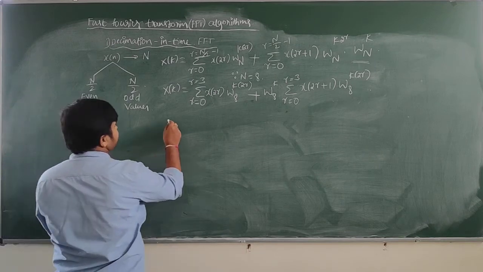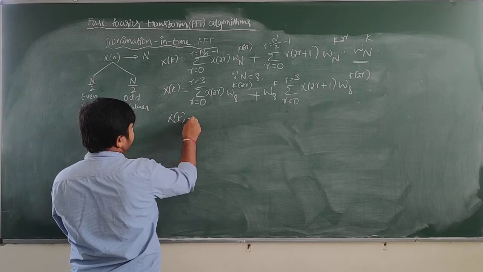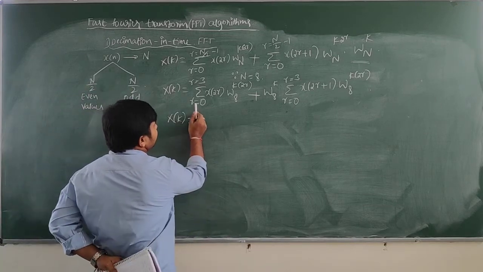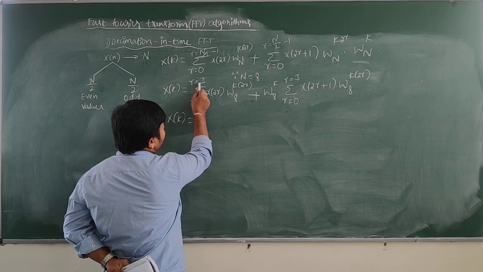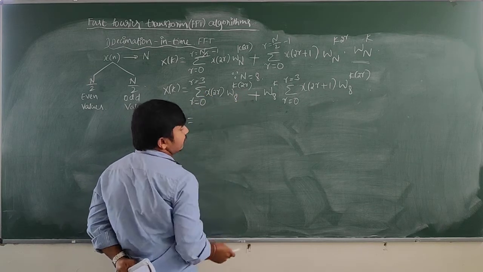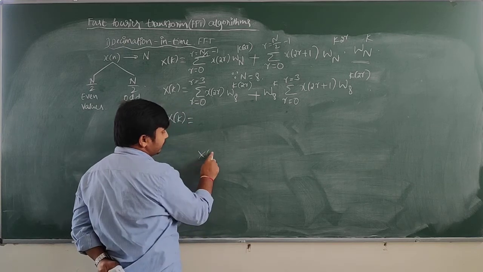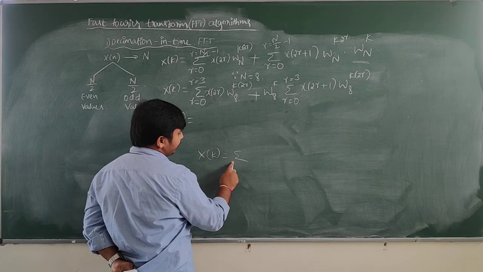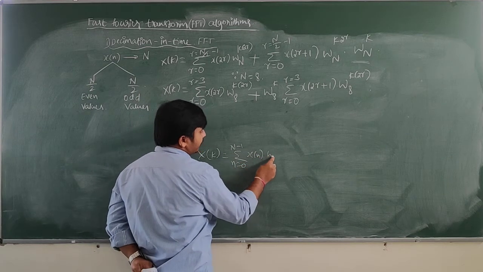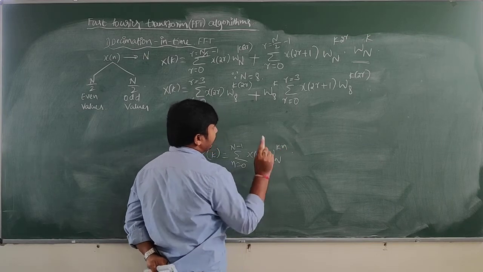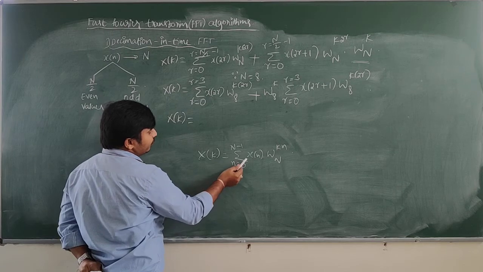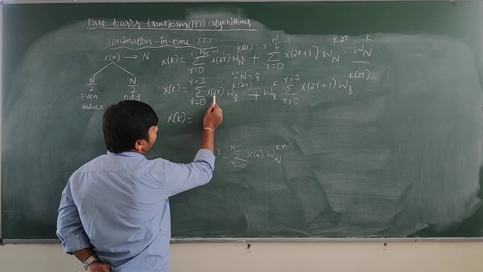So I will generalize this equation. See, compare these two sequences. What is that here? Summation r is equal to 0 to 3 x of 2r into W8 power k into 2r. What is our DFT equation? X of k is equal to summation n is equal to 0 to n minus 1 x of n into Wn power kn. Right? So here compare these two equations. Okay. So in place of n we have 2r.